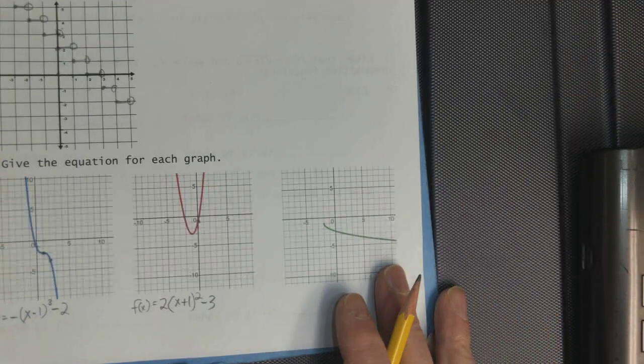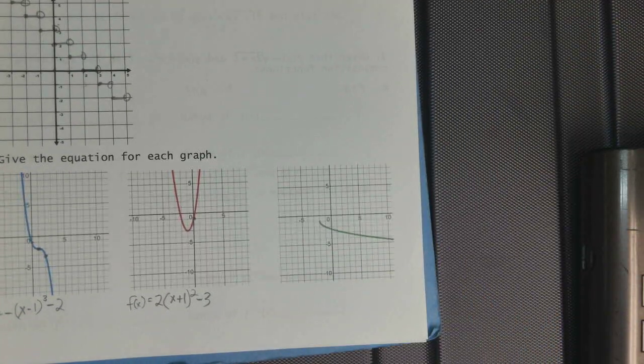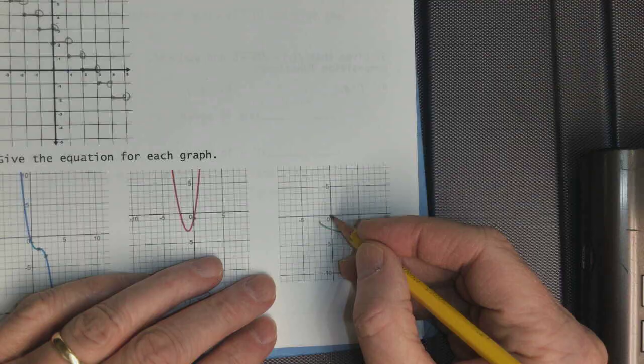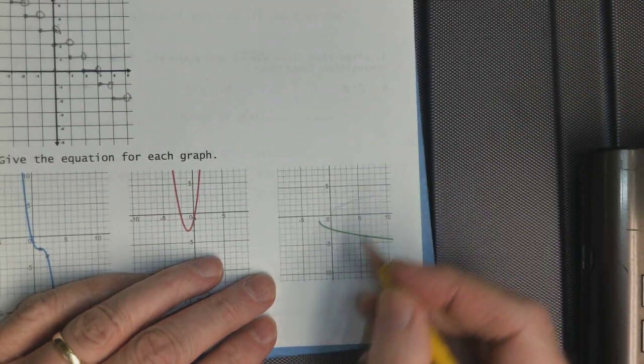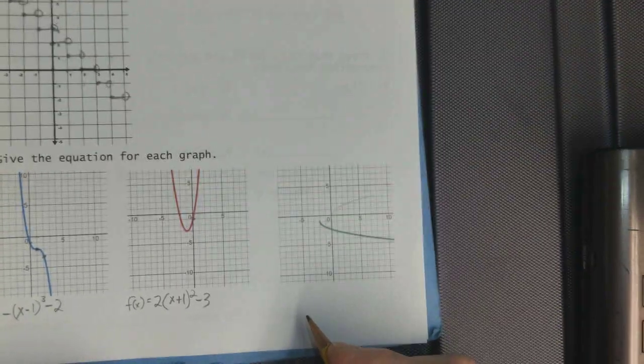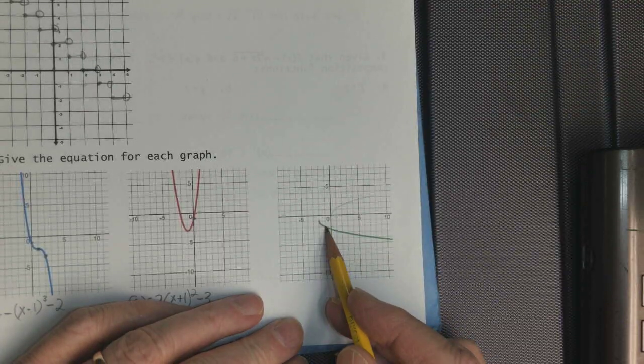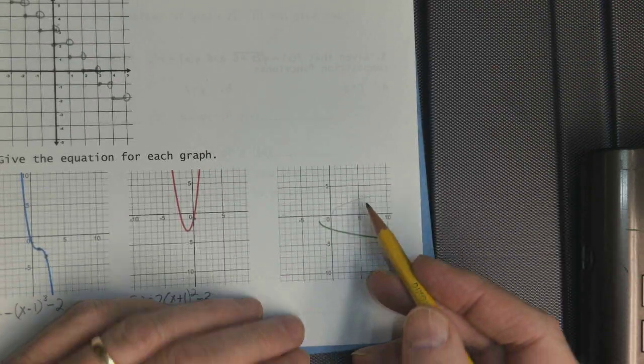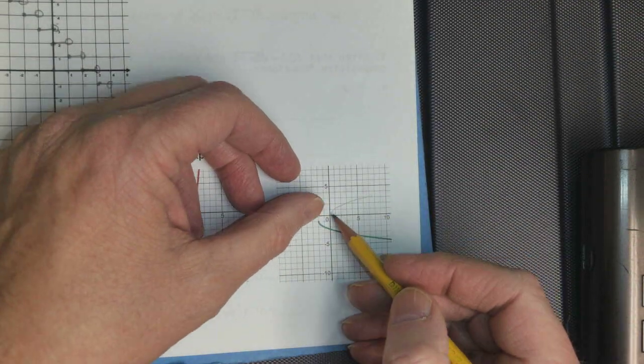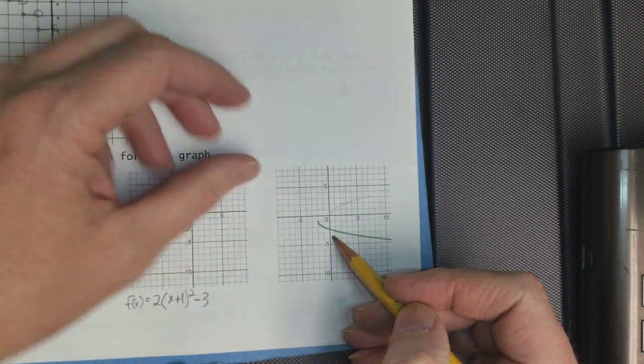And this one. Okay, the typical square root function does this. This doesn't look like it's being stretched or anything because it's 1 unit and 1 unit, but it is looking like it's been flipped over the x-axis.